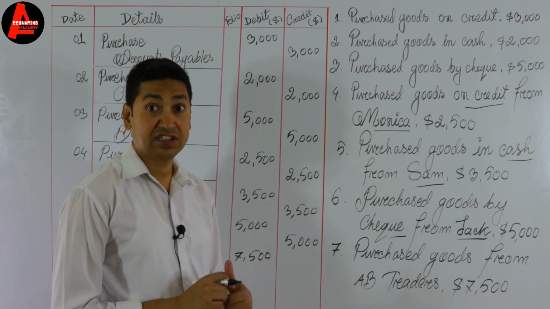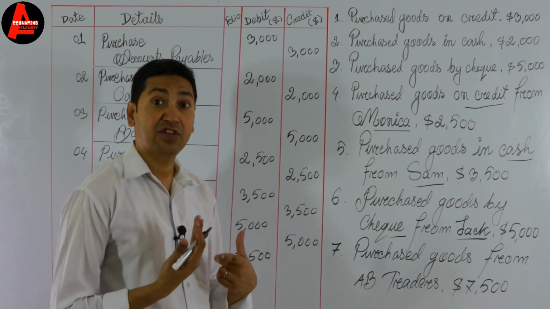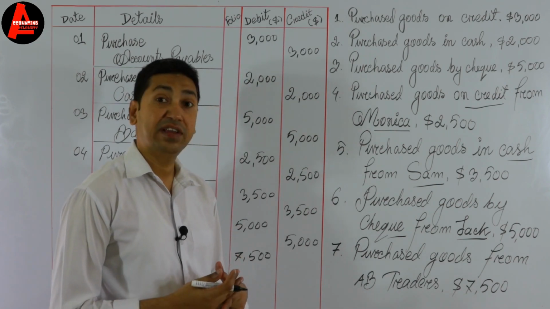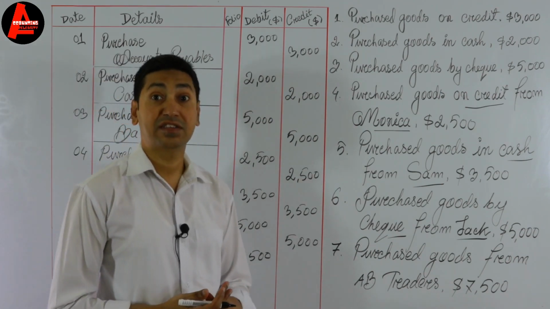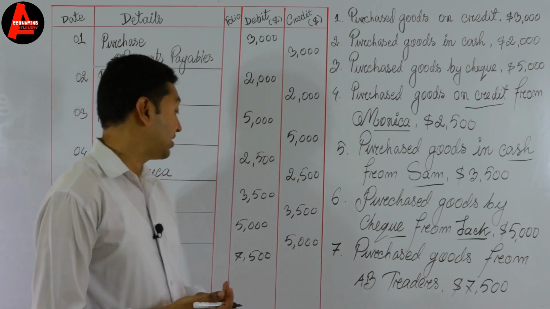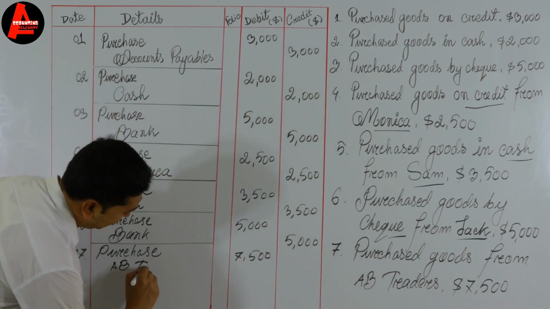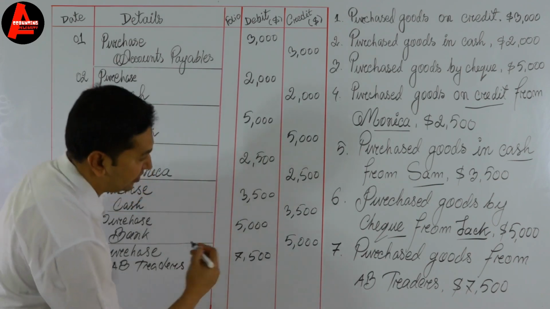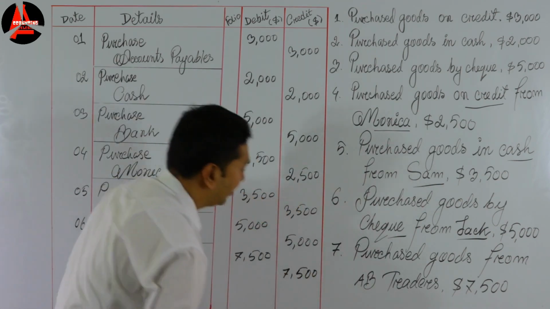This transaction is not yet over, so we can consider it a credit transaction. So when it is a credit transaction, we have to write the name of the supplier, AB Traders. So same amount, 7,500 on the credit side.